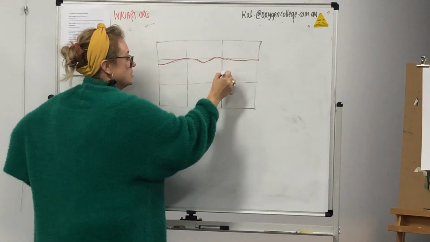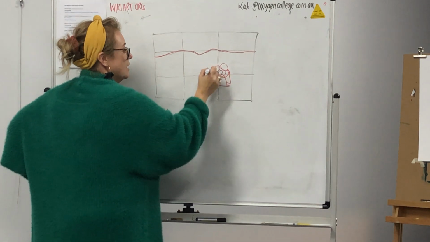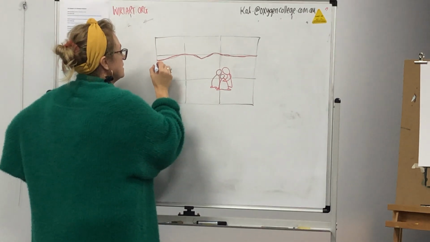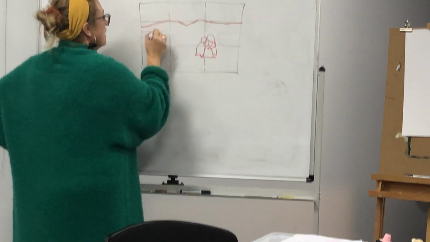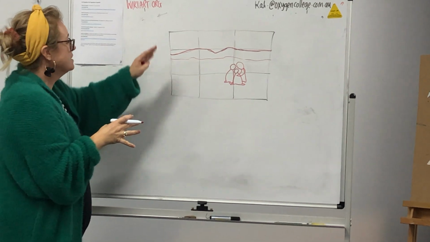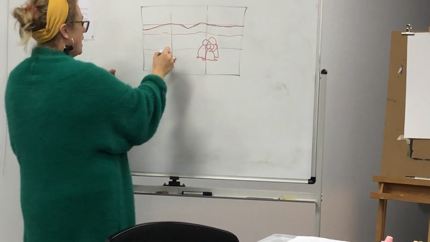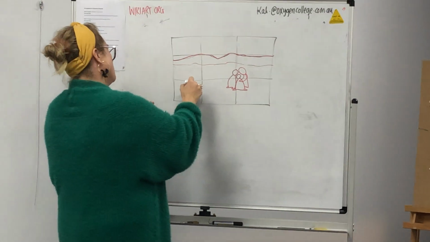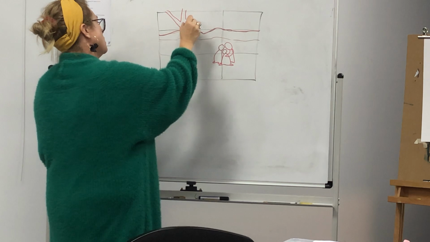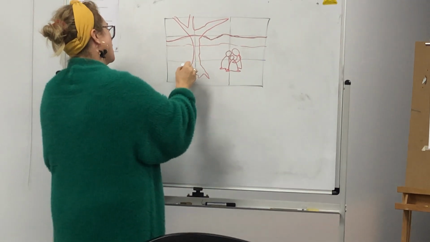So there's some people, there's the background. A little bit more to the background there. So it's as simple as that with the rule of thirds. I could even place on this third here a tree that just intersects beautifully there.